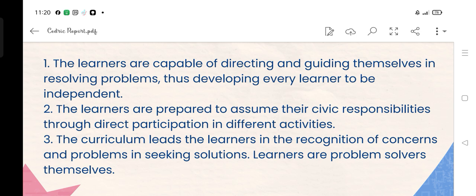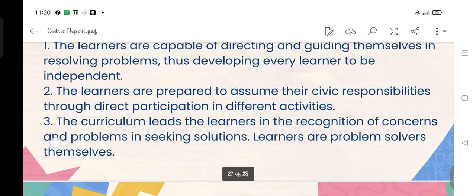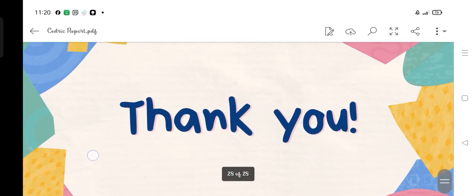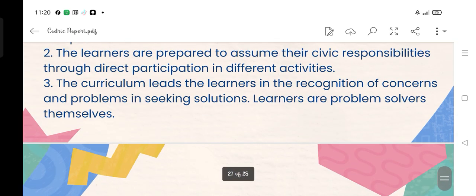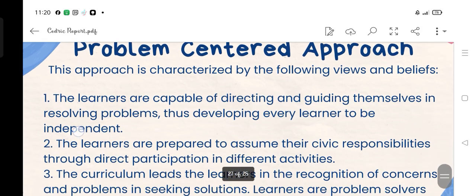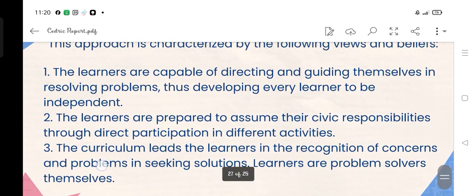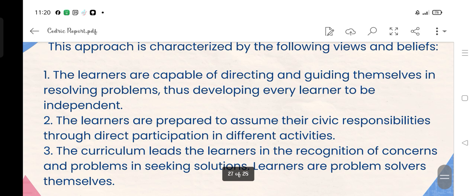So, learners are problem solvers themselves. Ayan. And dito sa problem-centered, nahahasa ang mga bata na mag-solve ng sarili nilang problema, to be more critical thinkers. And then a lot of opportunities pa. Okay?